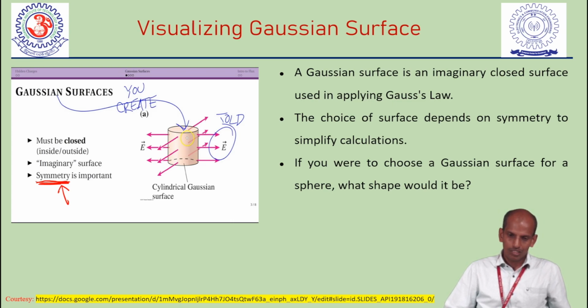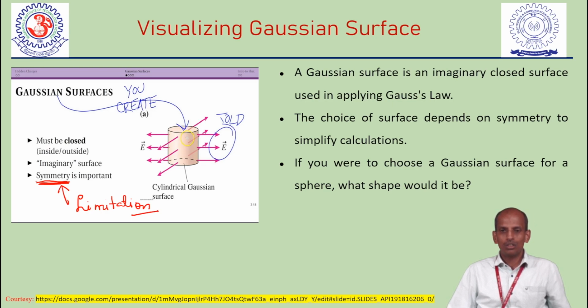This is also the limitation of Gauss law, because Gauss law is applicable only to Gaussian surfaces, and the Gaussian surfaces should exhibit symmetry. So to a non-symmetrical surface, one cannot apply the Gauss law.